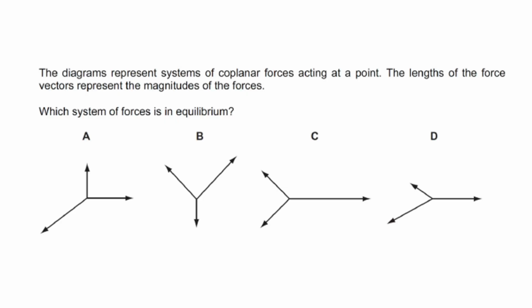The diagrams represent systems of coplanar forces acting on a point. The lengths of the force vectors represent the magnitudes of the forces. Which system of forces is in equilibrium? Okay, so let's try and eliminate some.